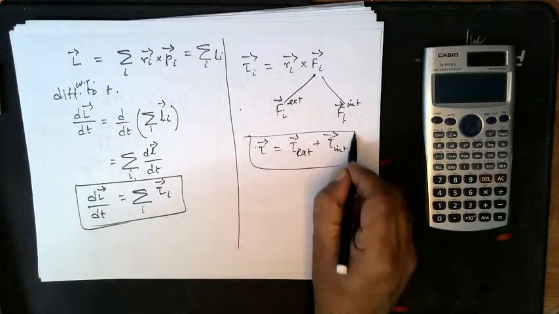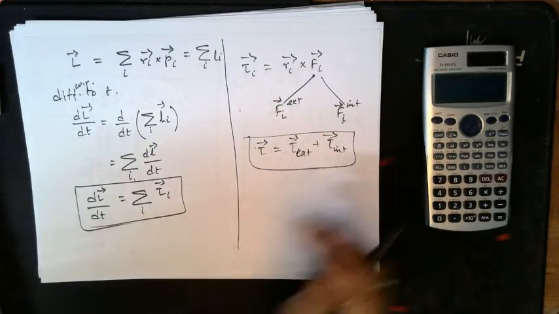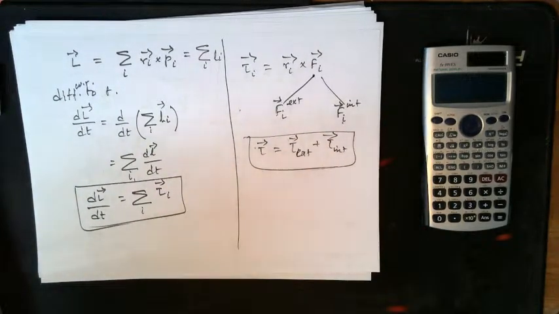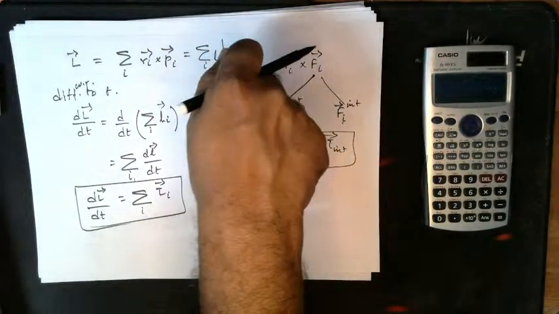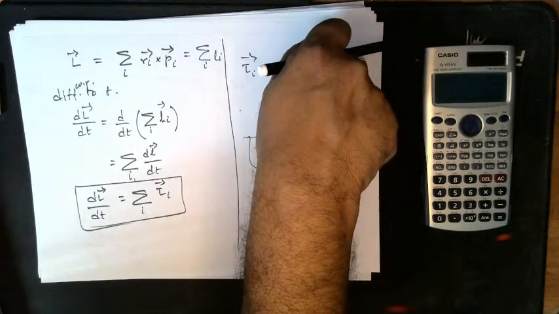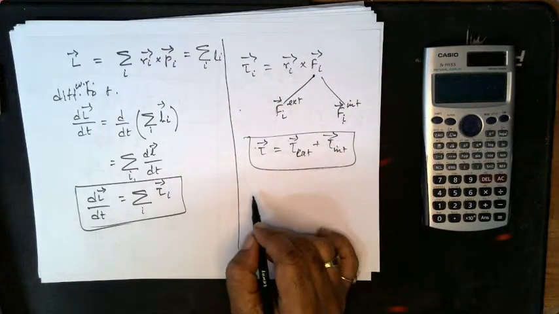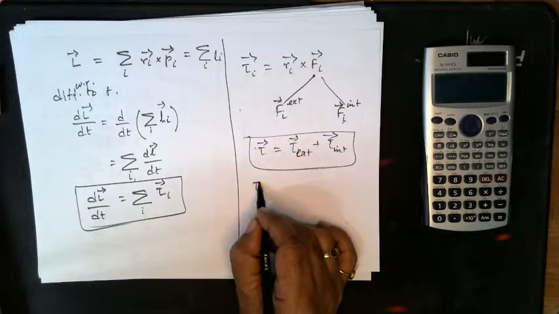So this is the total vector. Now if you are very particular about the external, you can mention it as the external vector. So can you write the tau external?